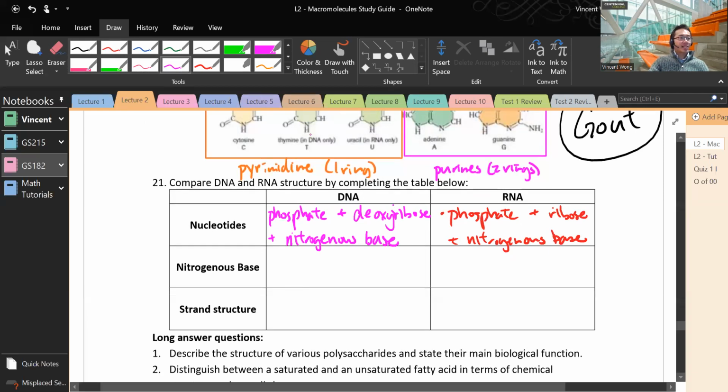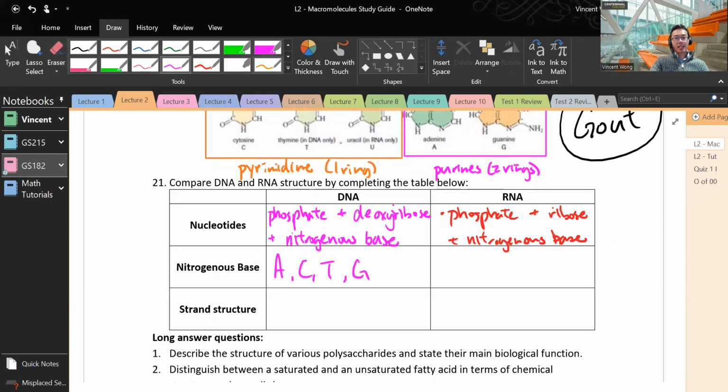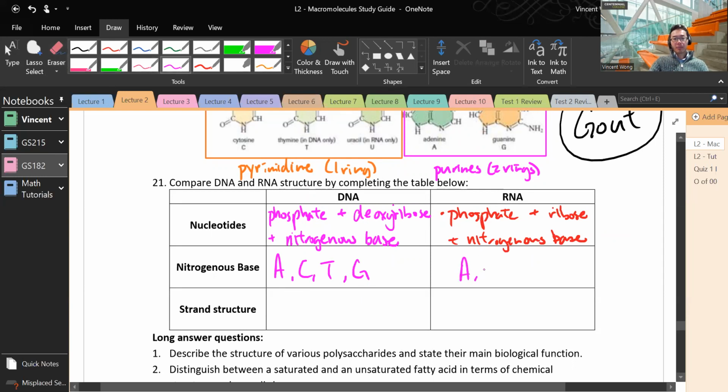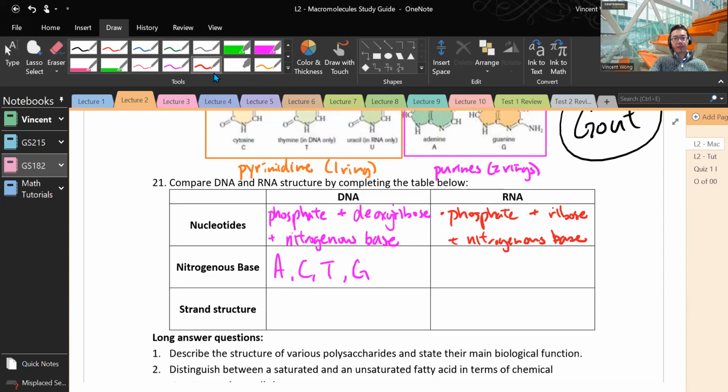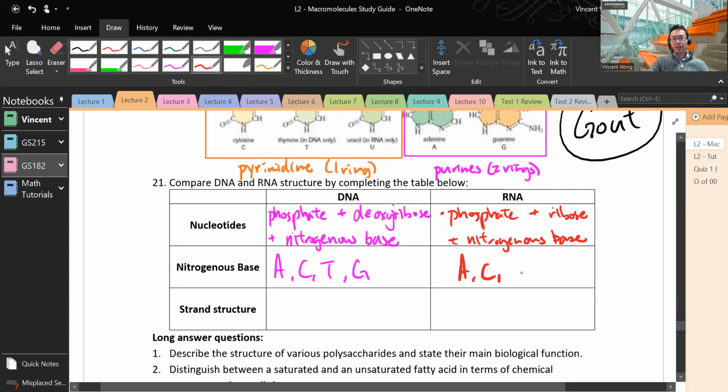What kind of bases can you have for DNA? It could be A, C, T, or G: two purines and two pyrimidines. Same thing for RNA, but instead of thymine, it has uracil.